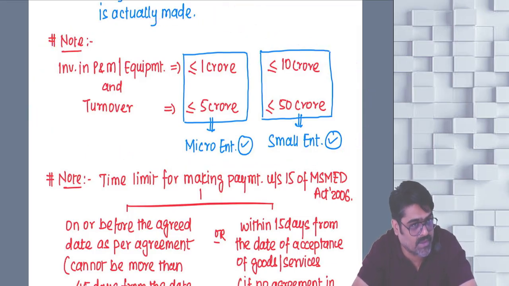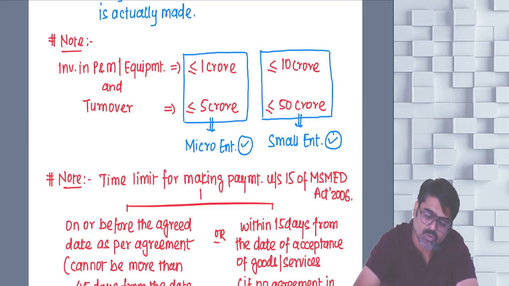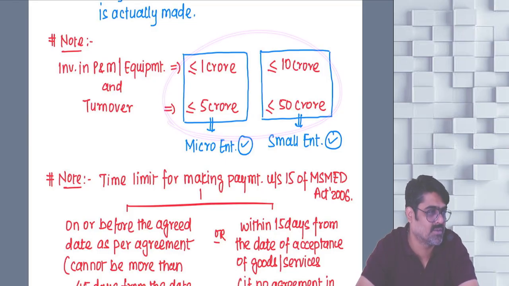There are three types of enterprises I told you: micro, small and medium. I am talking about only two of them, micro and small; medium enterprises are not covered. They are usually not cash rich. They always have financial strains.